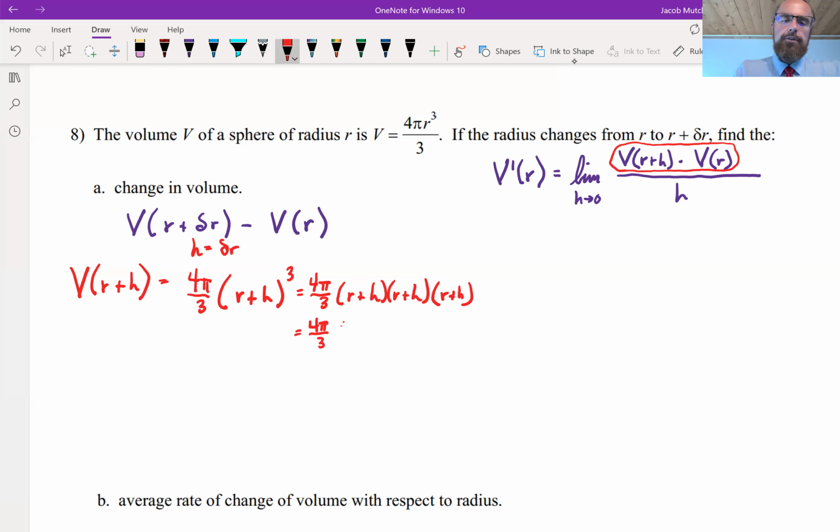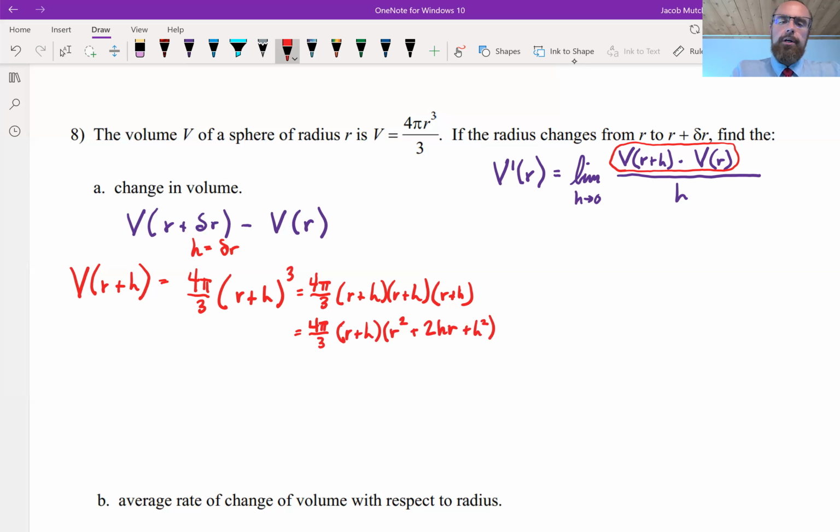I'll leave that first r plus h and multiply through the second 2. So this is a double distribution or a FOIL. So first term r times r is r squared. Outer terms r times h is going to be hr. Same as my inner terms, hr, so I've got 2 of those, plus 2hr. And then my last term's h times h plus h squared.